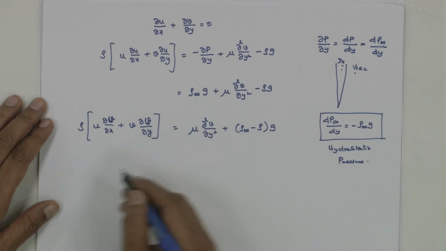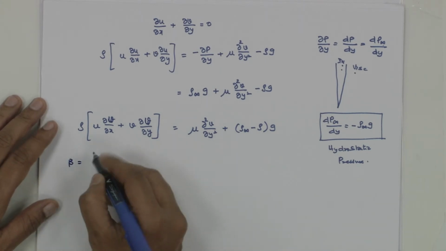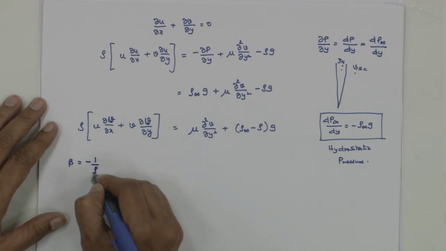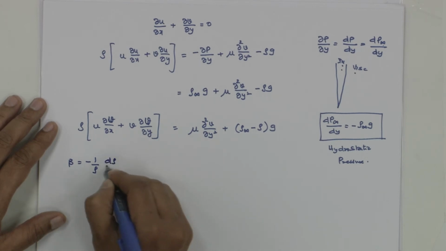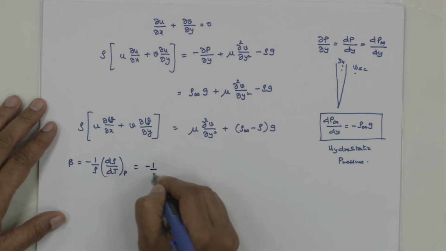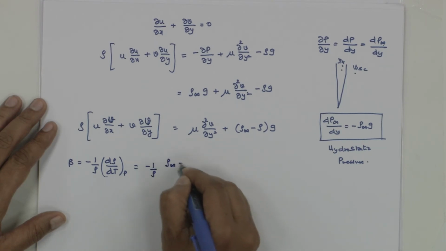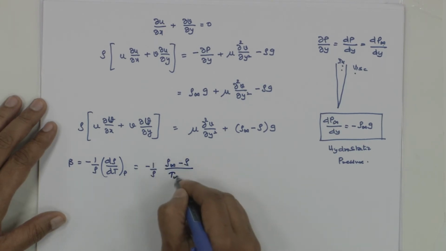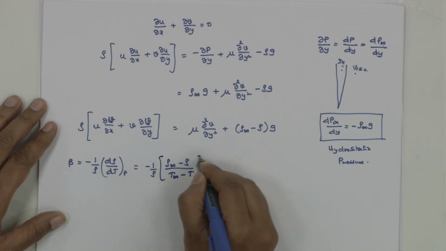Now beta, we have defined it as minus 1 by rho d rho by dT at constant pressure. So that is minus 1 by rho, (rho infinity minus rho) upon (T infinity minus T).